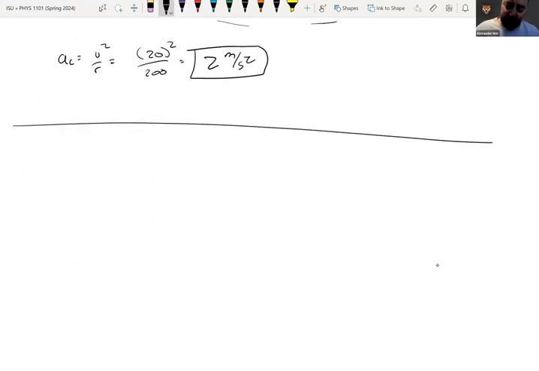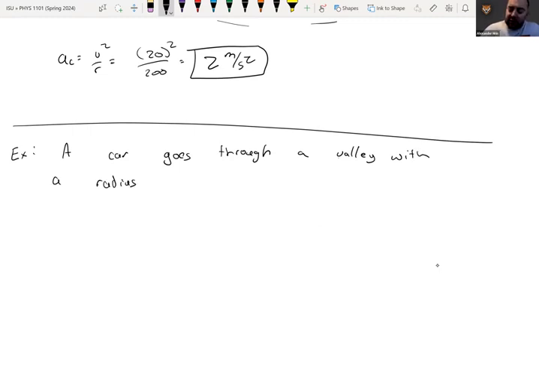Okay, next type of example, and a lot of these I'm giving just so I can explain the situation, like what is meant by some of the wording. A car goes through a valley with a radius of curvature of 100 meters.